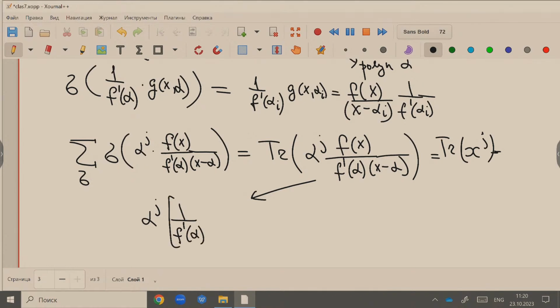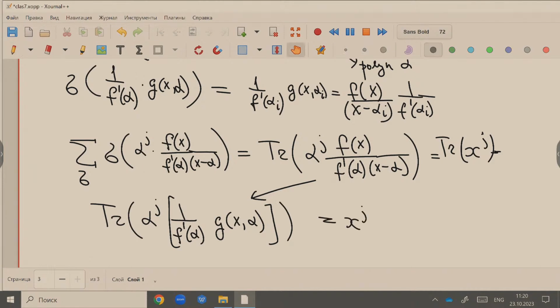Here you are writing a polynomial in x and alpha, and when you apply the trace, you get x^j.